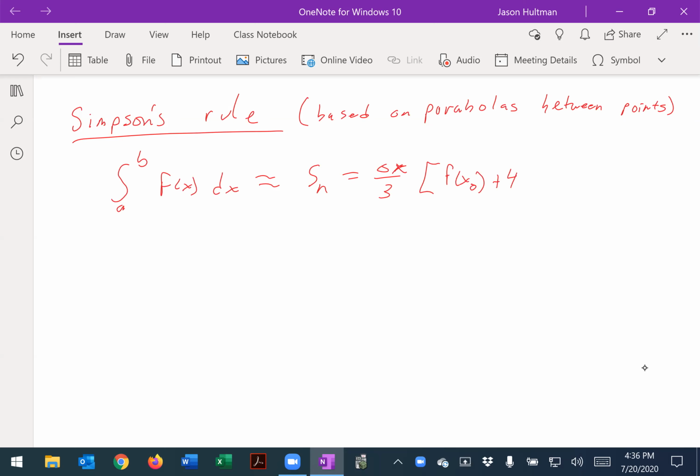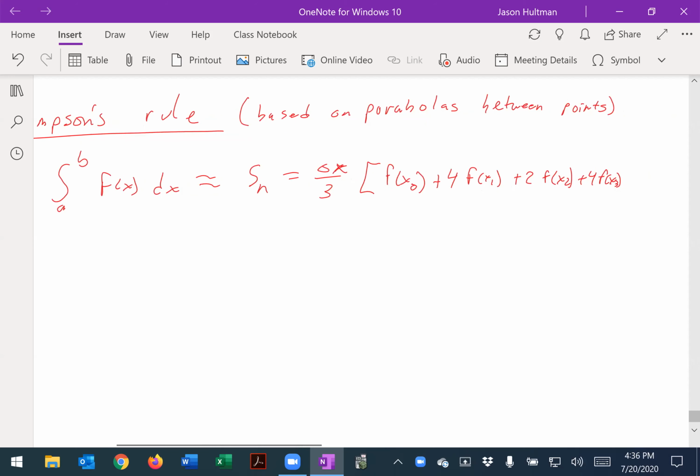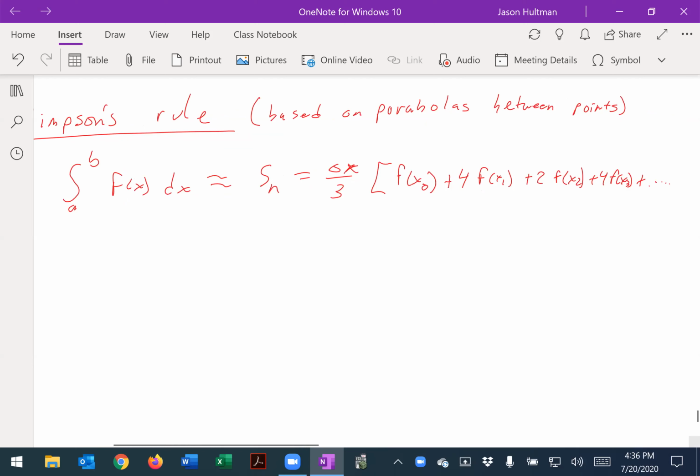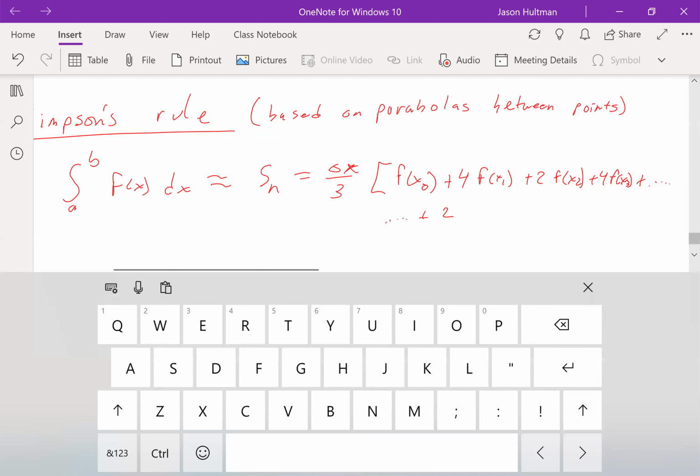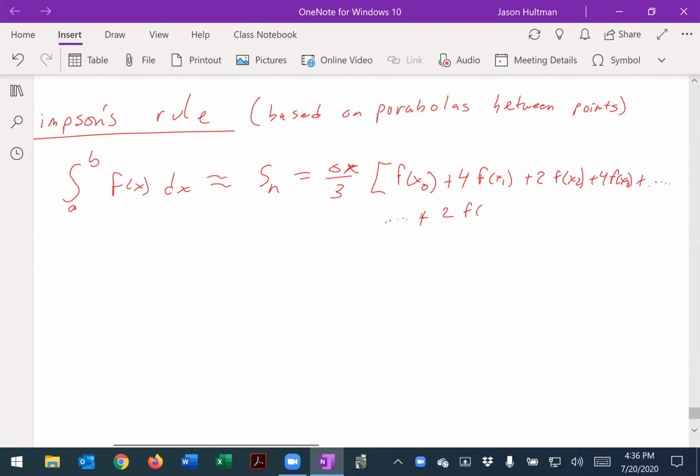Okay, 4 f of x sub 1 plus 2 f of x sub 2 plus 4 f of x sub 3 plus dot dot dot plus 2 f of x sub n minus 2 plus 4 f of x sub n minus 1.